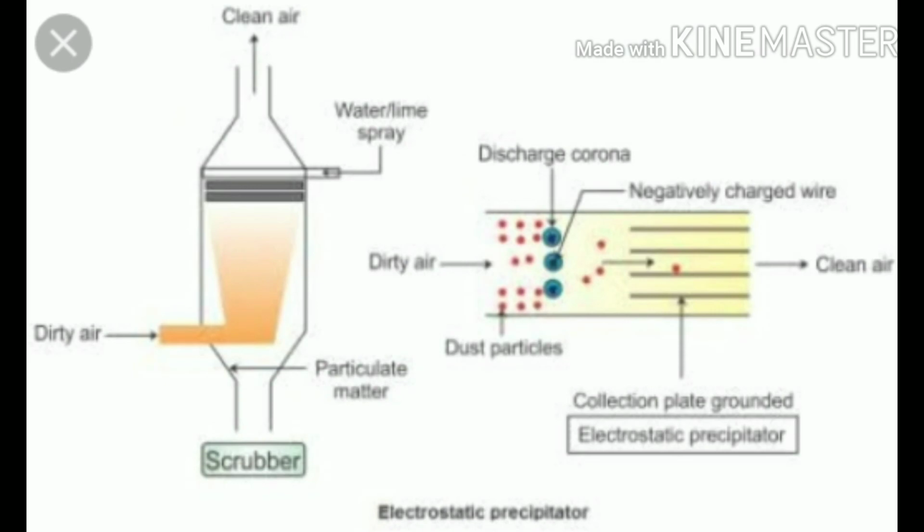The carbon particles, dust particles or any other particles are removed by this process. These particles are in the form of colloidal particles and carry a charge. When these particles come in contact with oppositely charged pole, they lose their charge and settle down at the bottom of the chimney and can be collected easily.